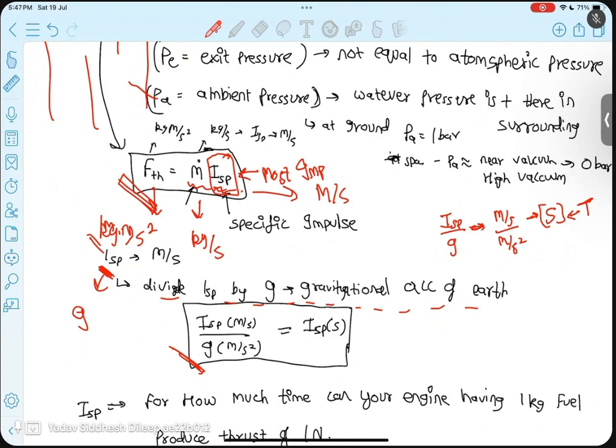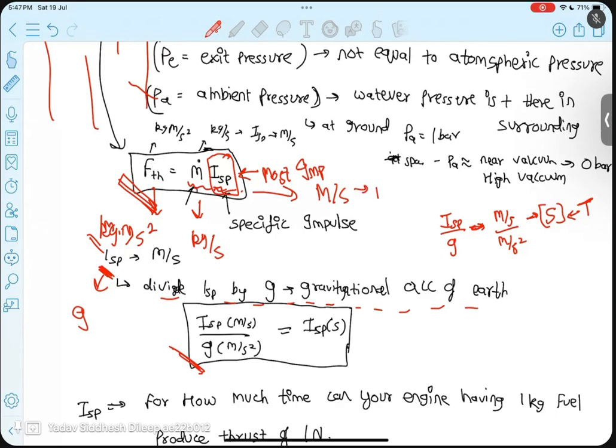Now most people think that Isp has the unit seconds because everywhere they see seconds. I mean the SI unit basically, but no. We will derive the unit of Isp. So let's solve the misconception.